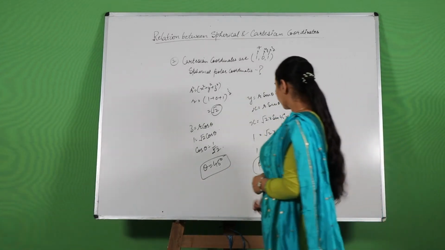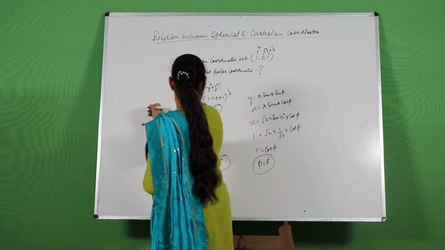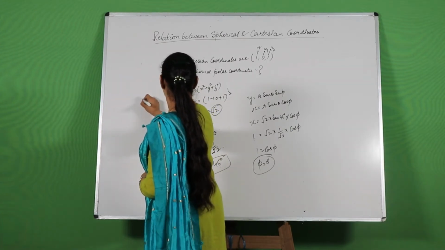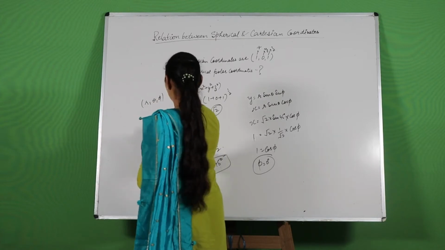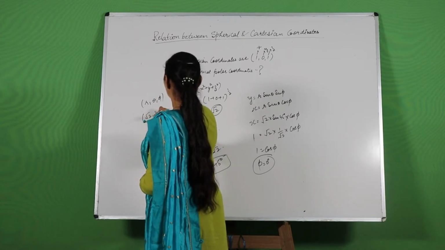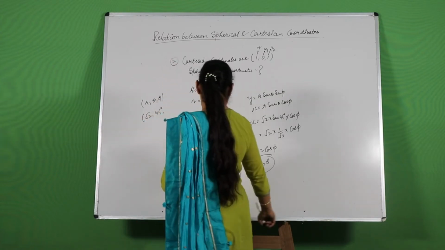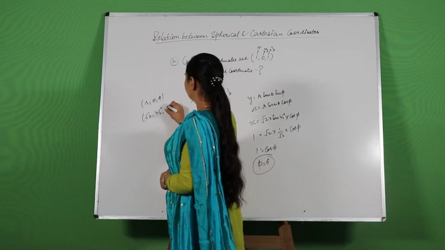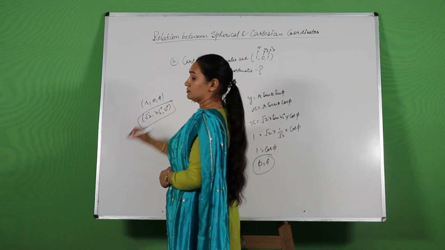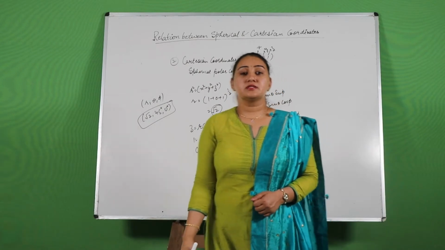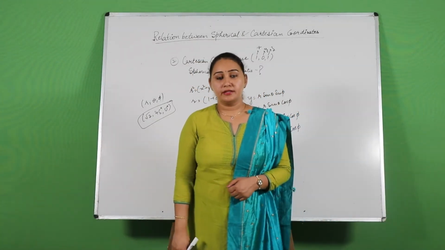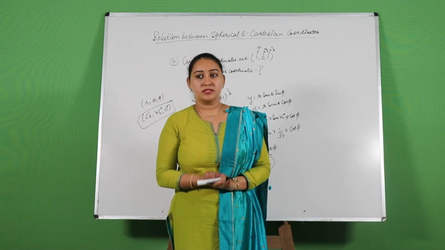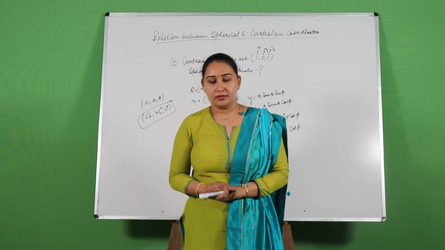So you will be having coordinates r, theta and phi, and here my r is under root 2, 45 degree and 0 degree. So this is all about the relationship between Cartesian and spherical polar coordinates and problems related to them.